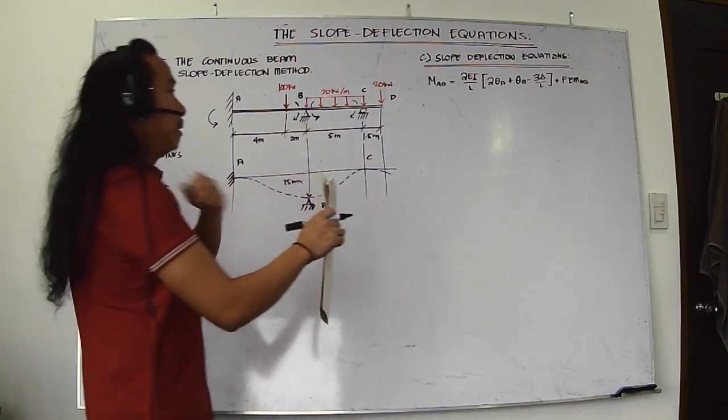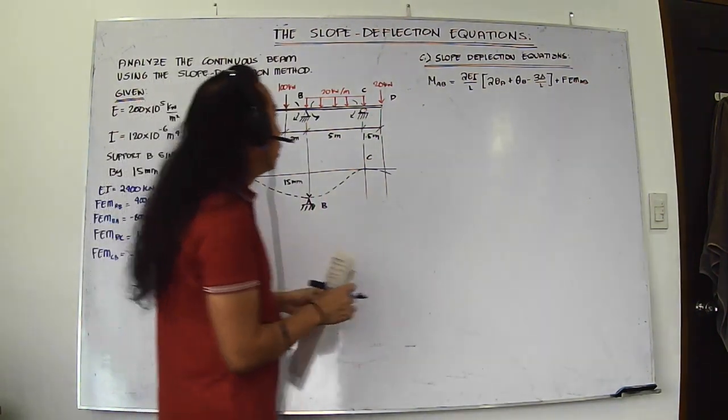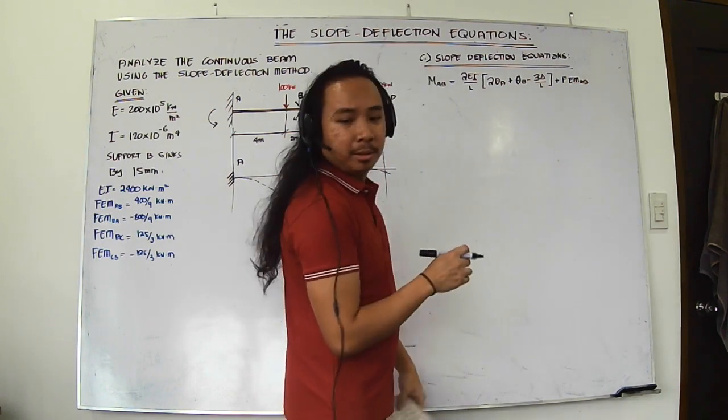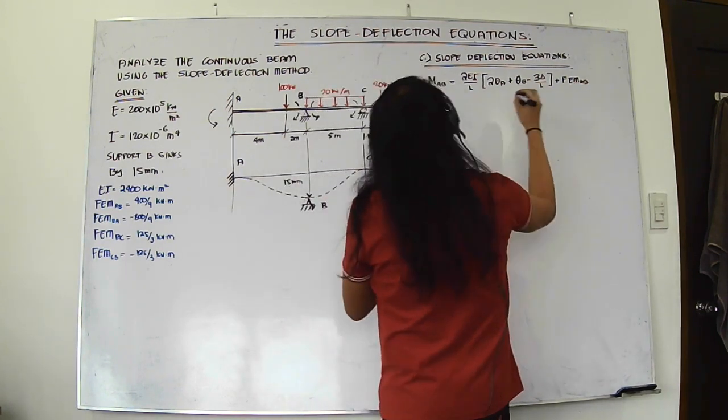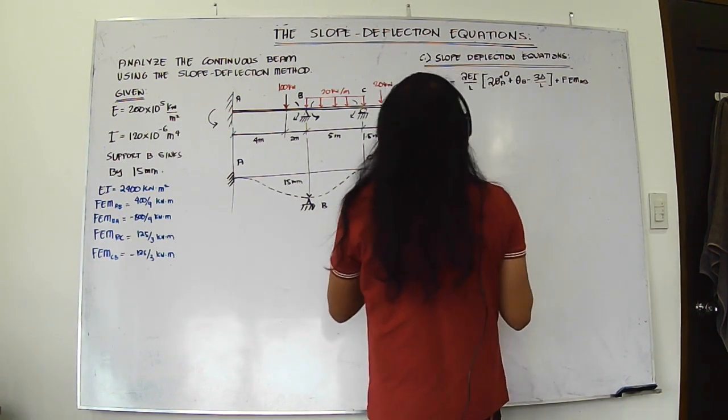But since there isn't, a fixed end does not allow rotation. That is the purpose of the reactive moment. Okay? So in this case, theta A is equal to 0.